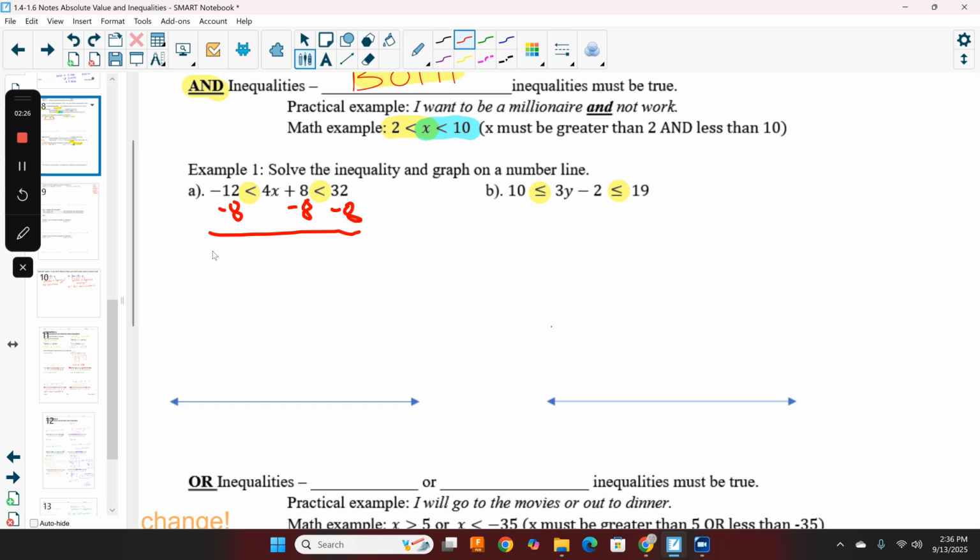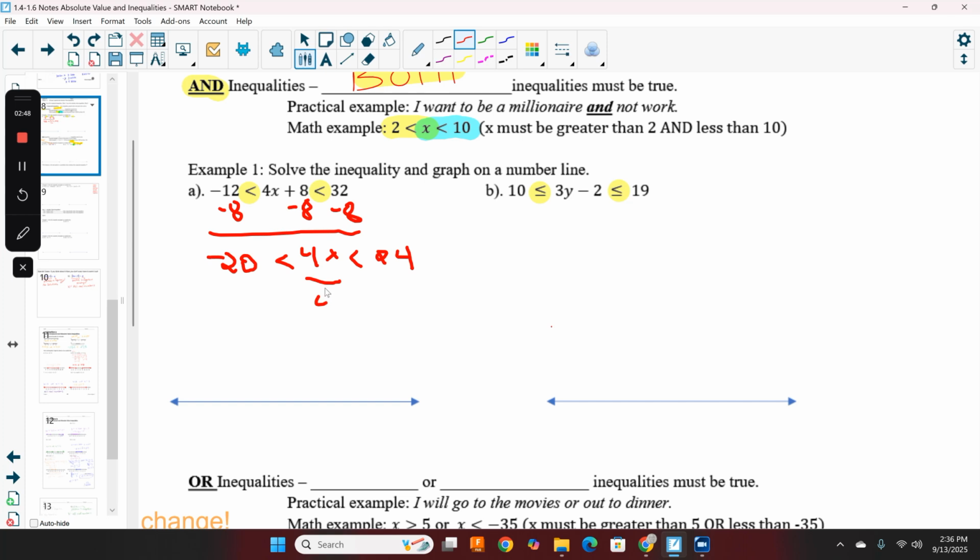So negative 12 and negative 8, negative 20 is less than 4x, which is less than 32 minus 8, 24. Okay, and then of course we're going to do the same thing for our next step.